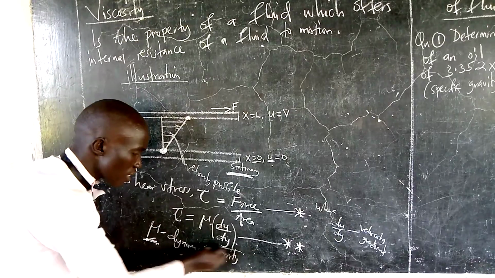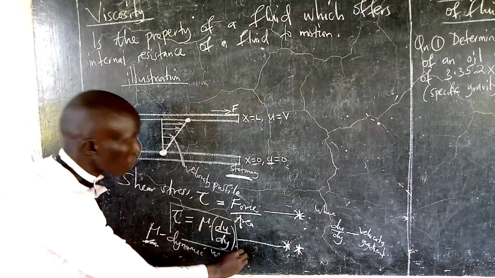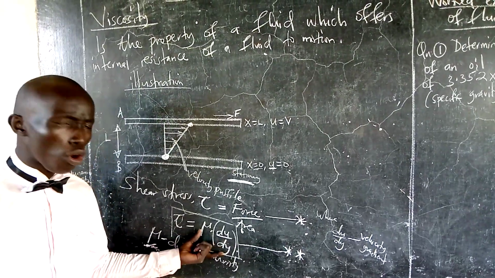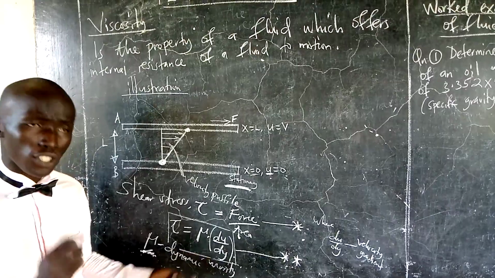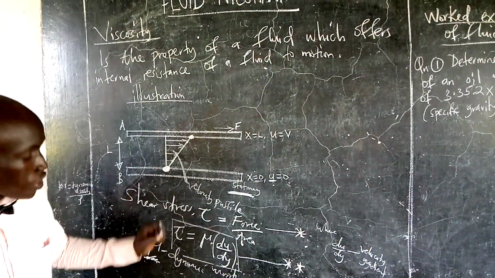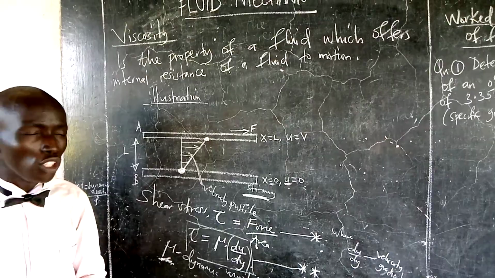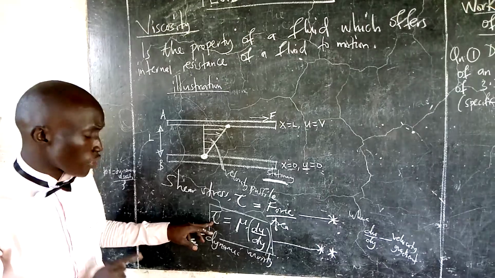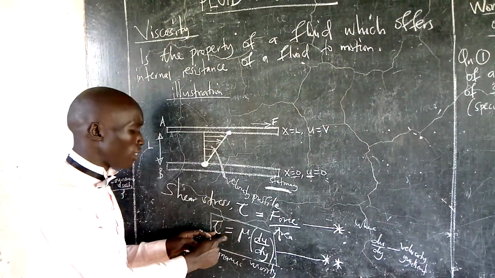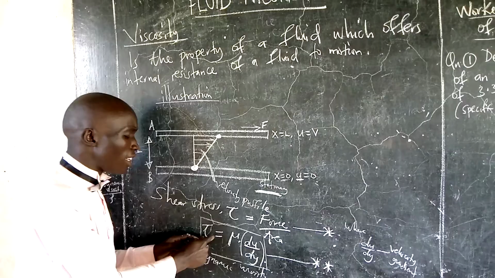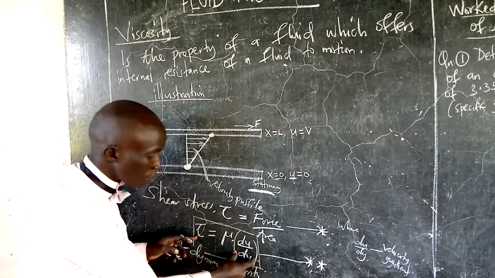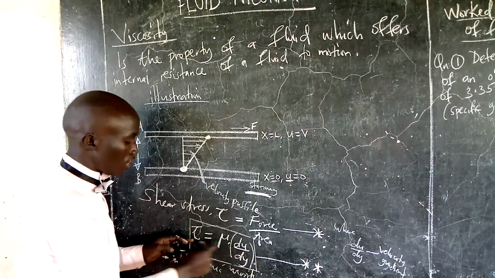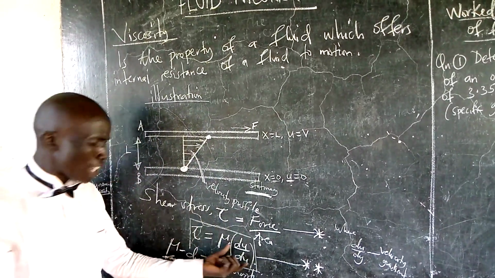So this relationship brings us to a law called Newton's law of viscosity. What does it state? A law is a law. You must state it and not change anything, because the law remains a law. Newton's law of viscosity states that the shear stress tau acting on the fluid is directly proportional to the rate of shear strain.